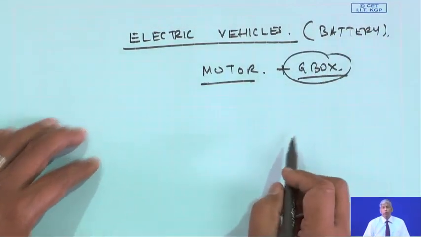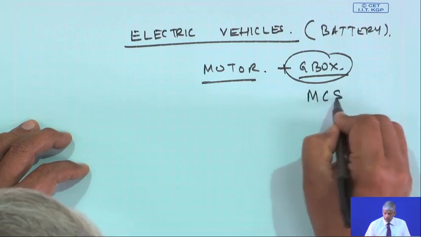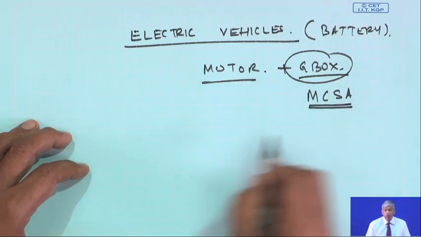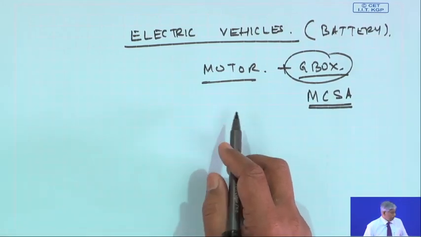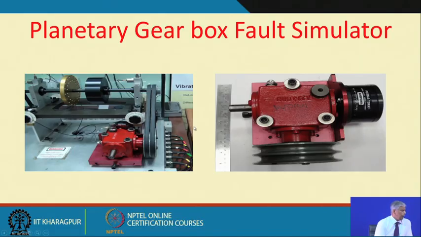So, how do you monitor the gearbox of such an electric vehicle? And MCSA is a good area by which motor vibration can be done. And this is another, that same fault simulator which we have in the laboratory.